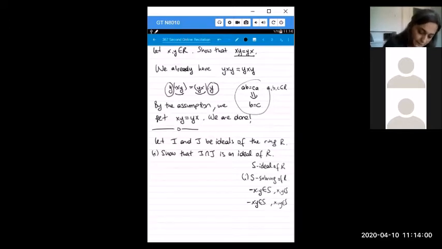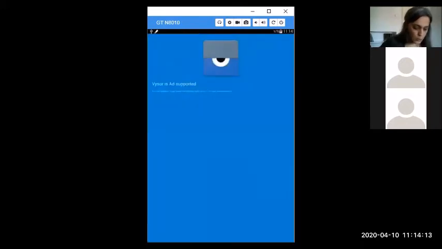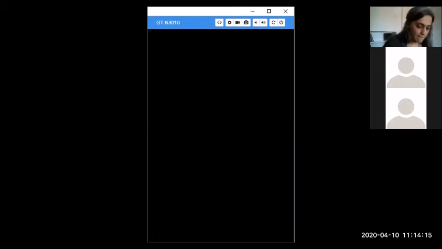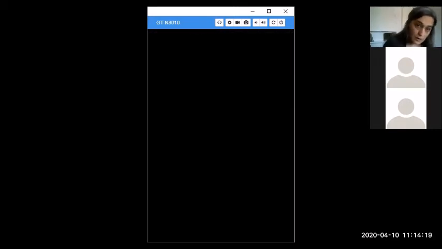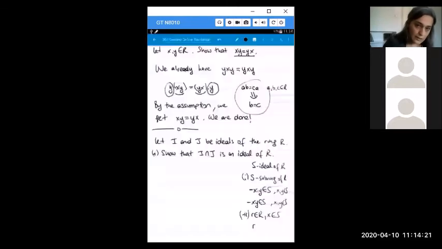And secondly, for the ideals, we are going to take an element r from R and an element x from S and show that r times x and x times r lie in S. Can you see it? Okay, yes.